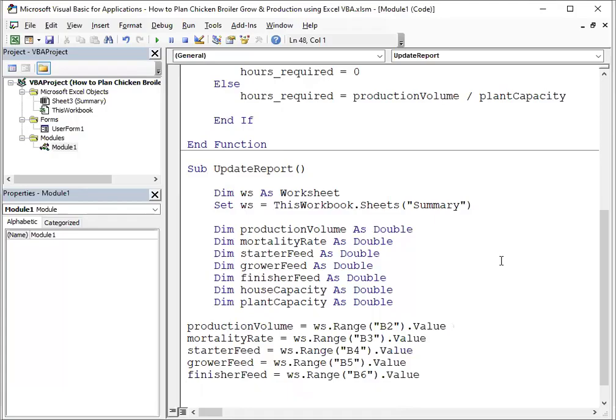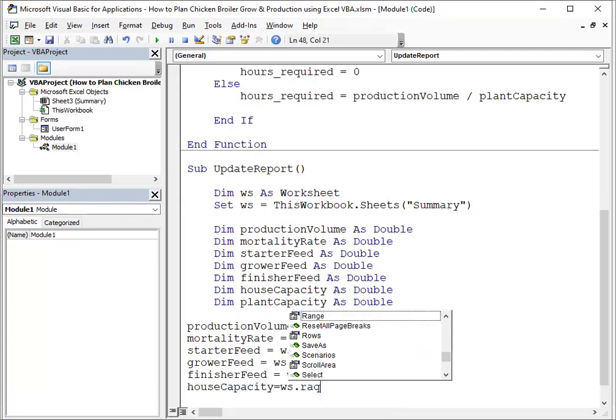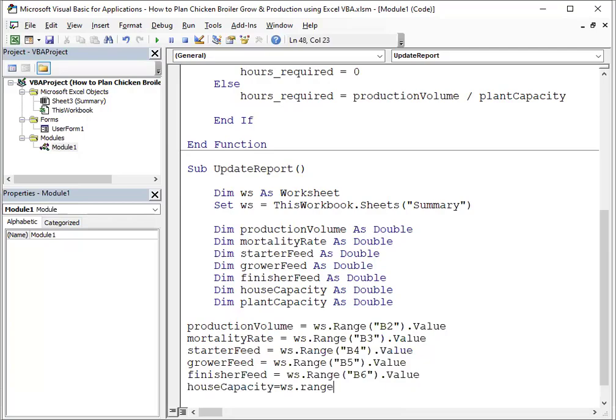The next one would be the house capacity. House capacity equals WS range, that would be B7, that value.